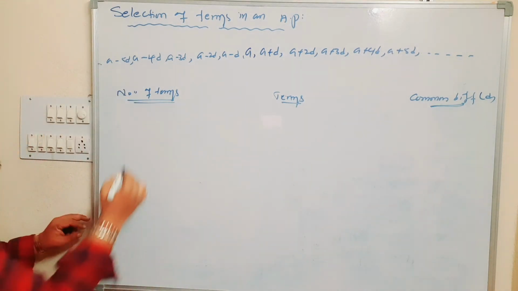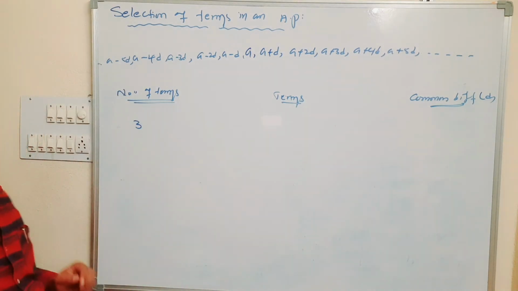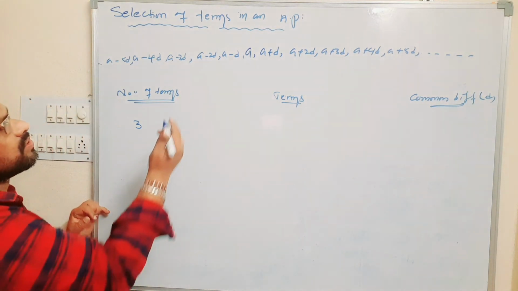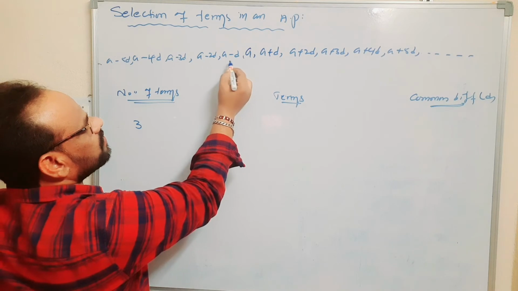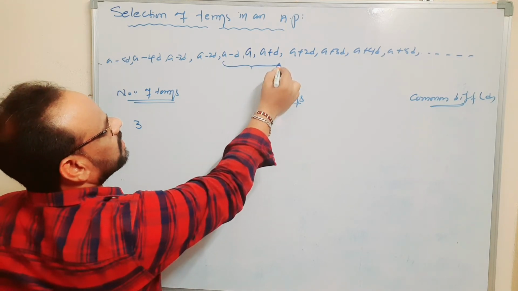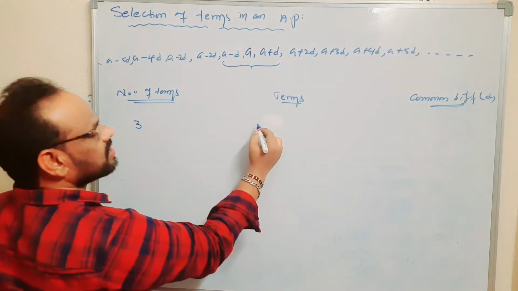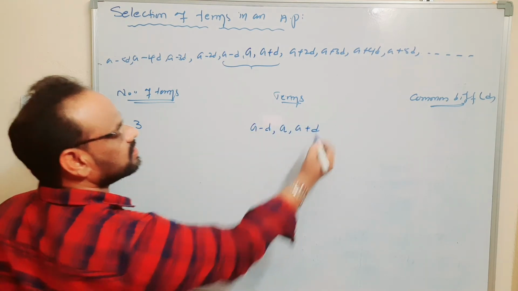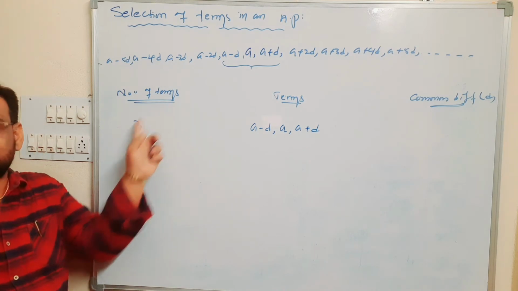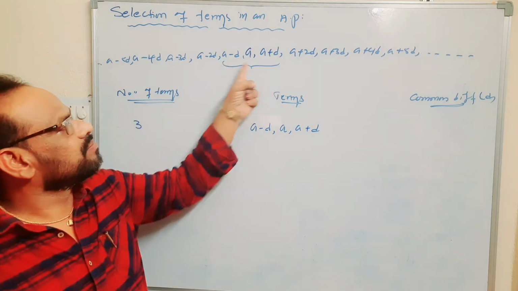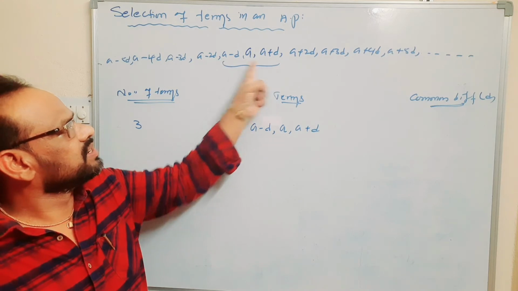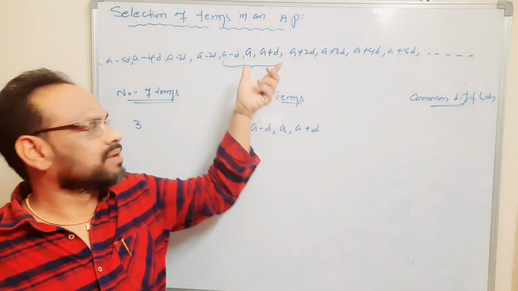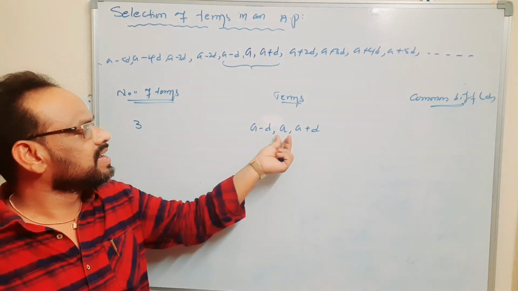If you want the number of terms to be 3, observe here, select these 3 terms: a minus d, a, a plus d. Clearly it is an arithmetic progression. So select these 3 terms: a minus d, a, a plus d.